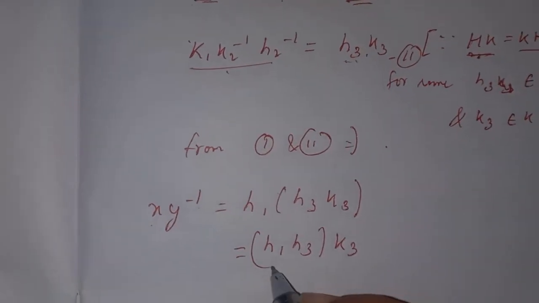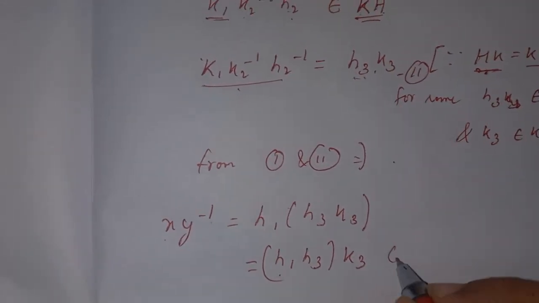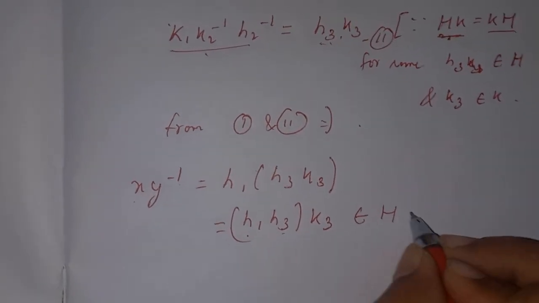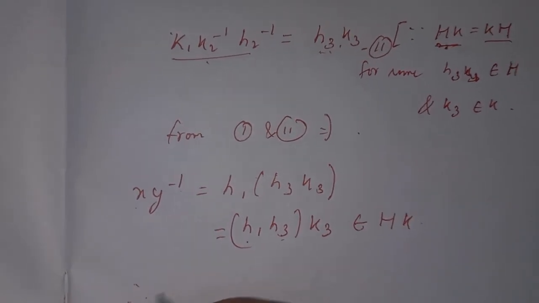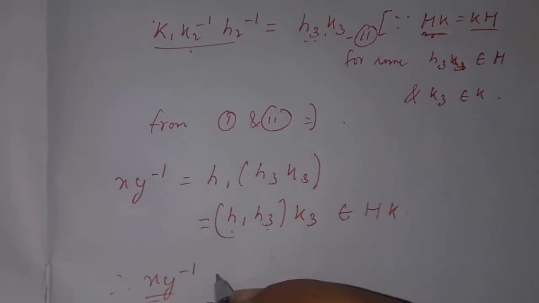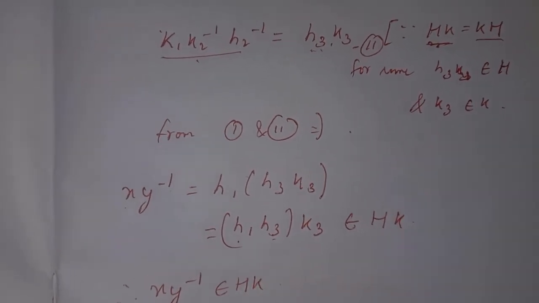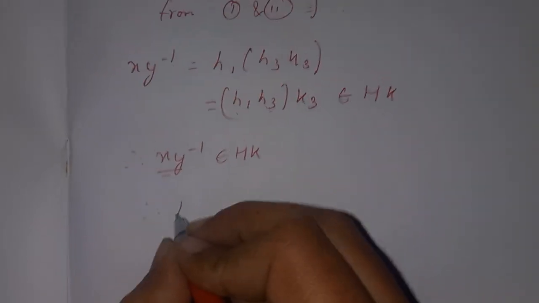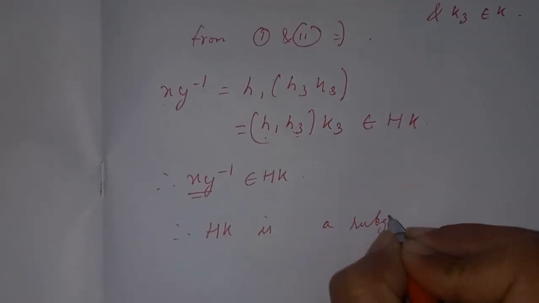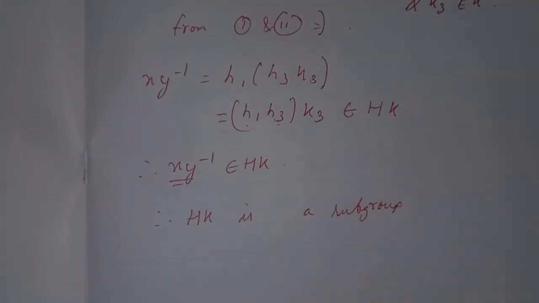Now we can see that h1 h3 is an element of H, and k3 is an element of K. Therefore we've come to the conclusion that x y inverse belongs to HK. Therefore HK is a subgroup. Thank you.